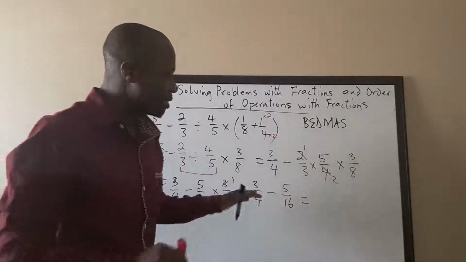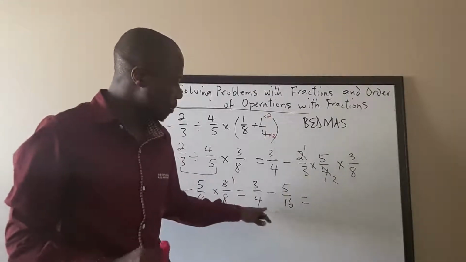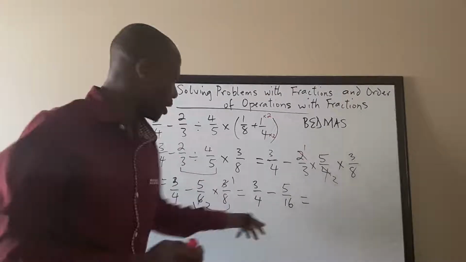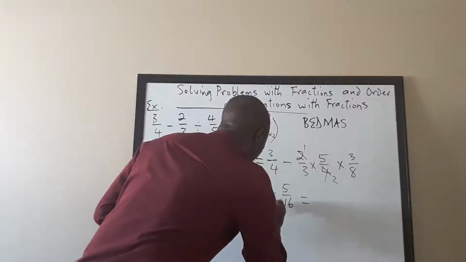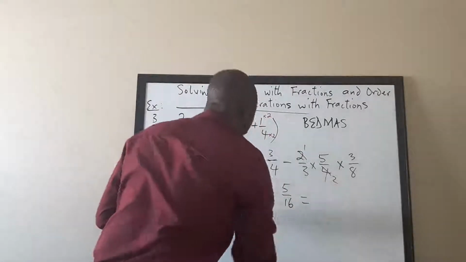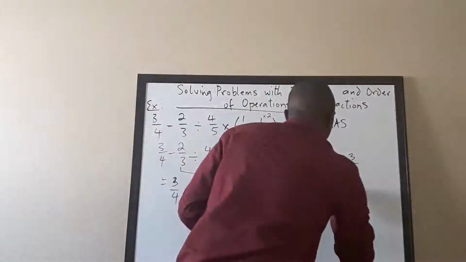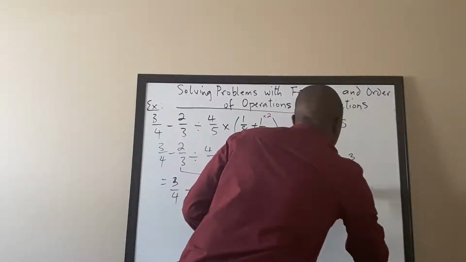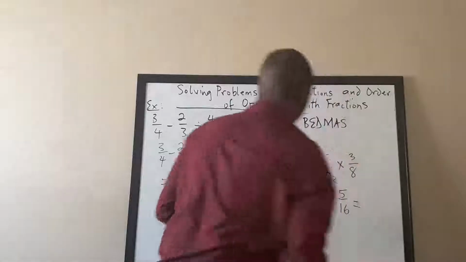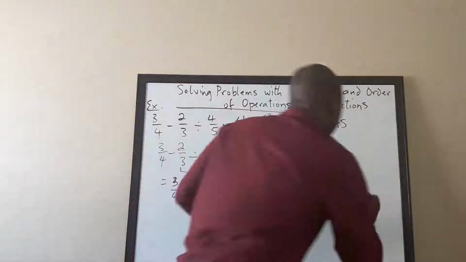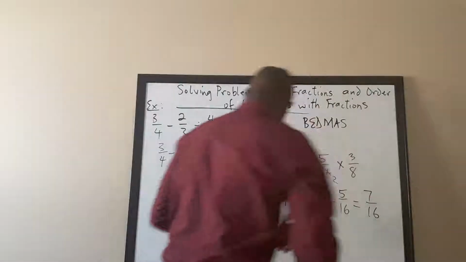So I want to have the same denominator. So I want to multiply this by 4 so that we have 4 and 4. So times 4 times 4. So I'm going to have 12 over 16 minus 5 over 16. So this is 12 minus 5, which is 7. So this is 7 over 16.